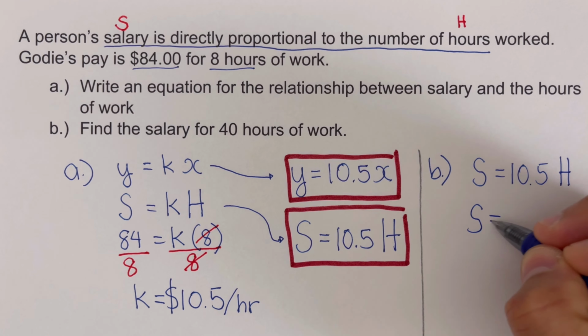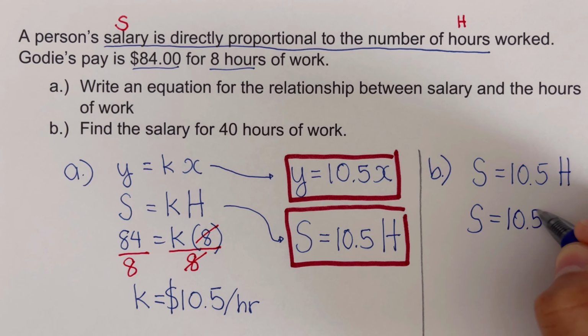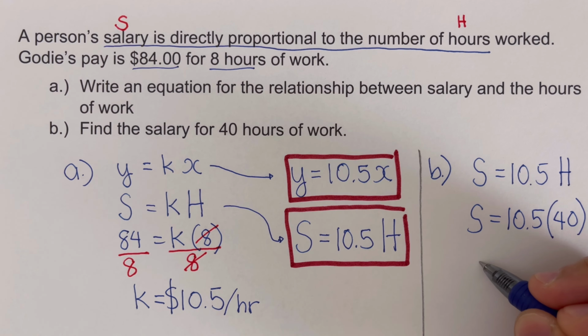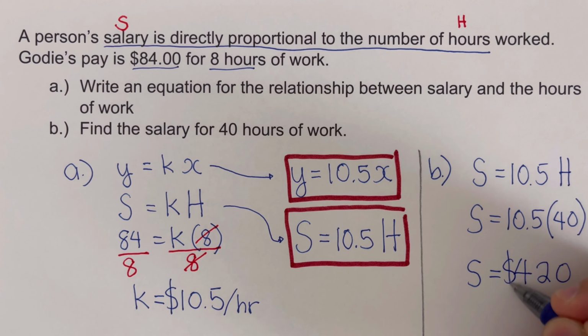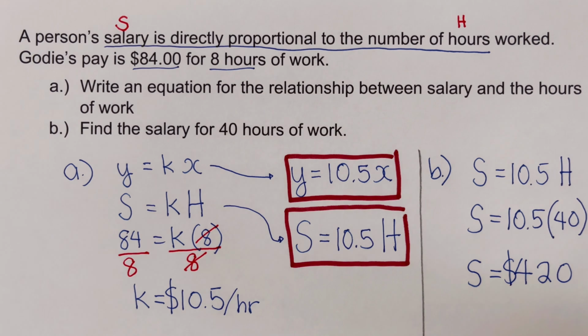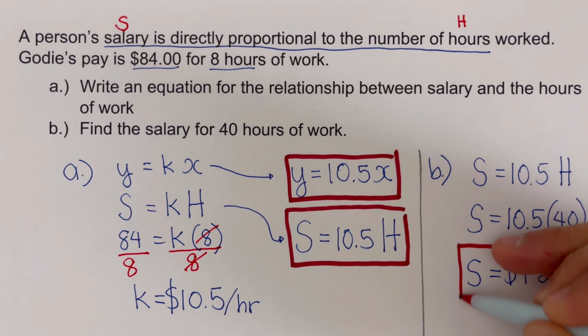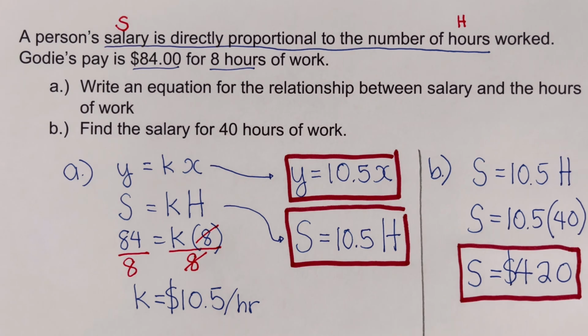So S is equal to 10.5 times 40 hours. If we multiply using the calculator, that should give us S is equal to $420. So Godi is going to get paid $420 for working 40 hours. So this is the answer to letter B.